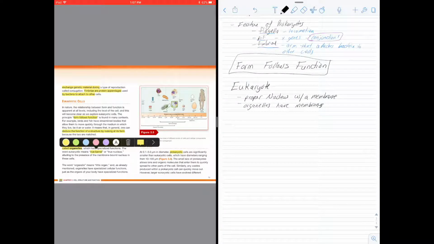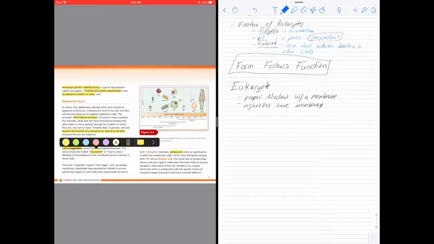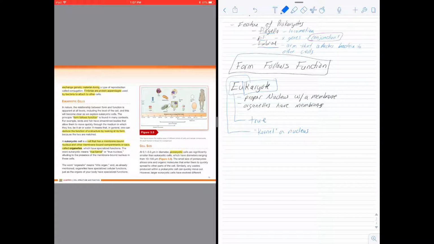If you remember, we were defining prokaryote, so eu is telling you that means true, and then karyote is telling you that that is the kernel or nucleus. So that's the information, and you're putting it all together.